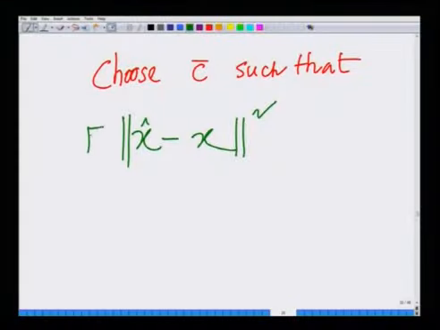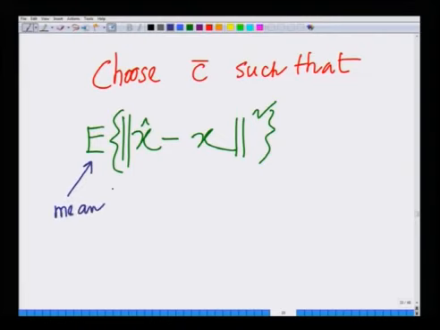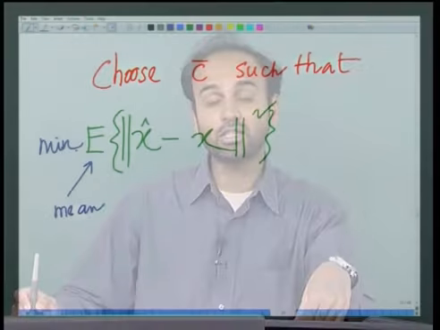So, if I look at the mean, that is if I take the expected value of this, I want to minimize the mean, that is the expected x hat, which is the estimate, minus x, that is the mean squared error.